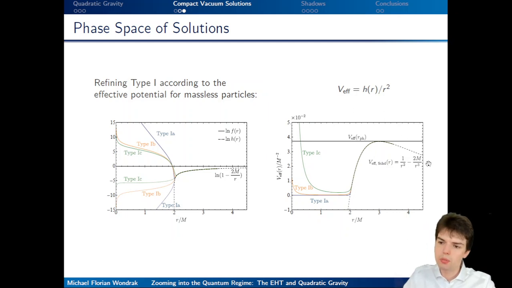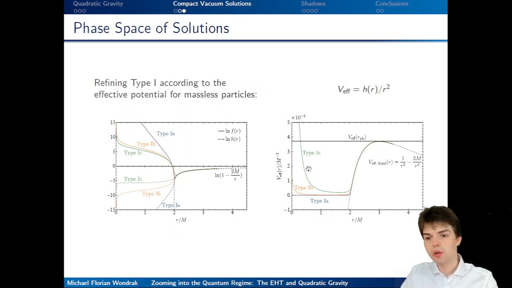We have the effective potential for Schwarzschild and sample solutions for 1a, 1b, and 1c, which we classified. So 1a still continues to smaller values of r, but only decreases. 1b increases, and 1c even increases above the level of our Schwarzschild maximum.